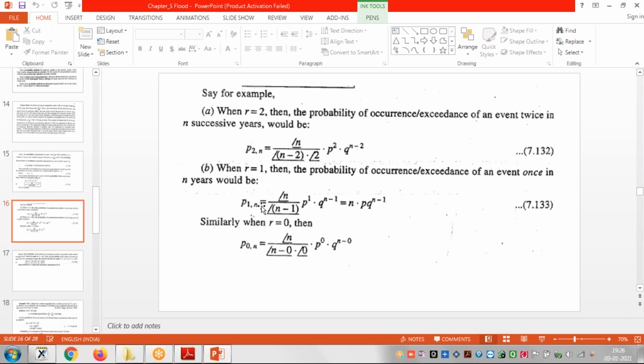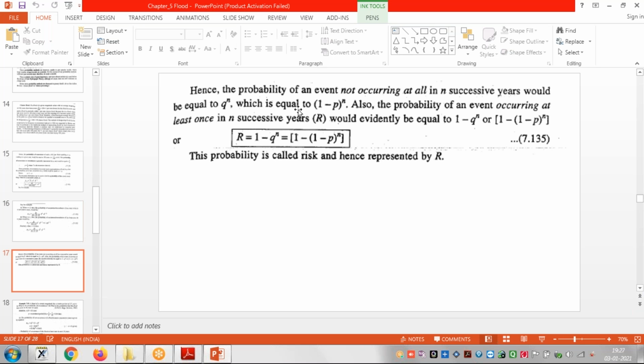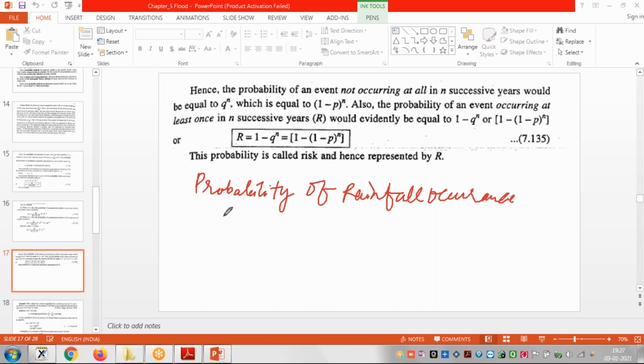Risk is equal to, if I say that the probability of rainfall occurrence, for example, is at least once in a year.